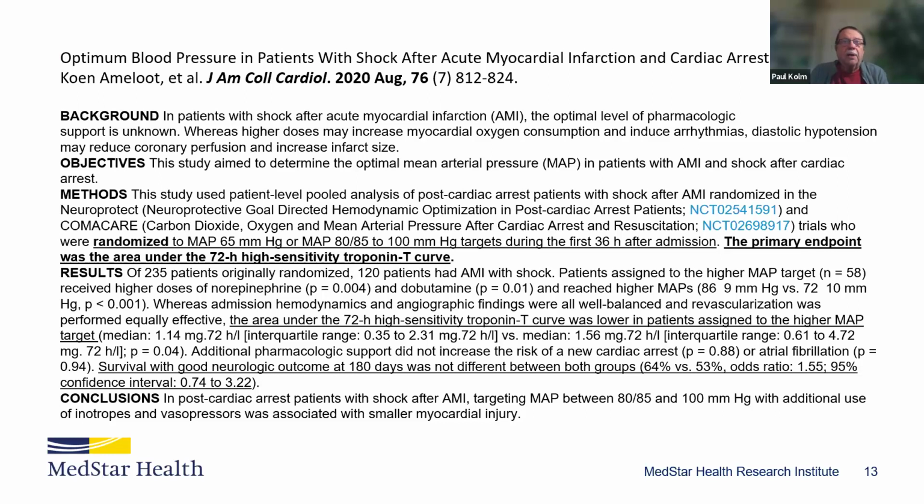We don't need to go into all the details, but basically they took patients from two different randomized studies, Neuroprotect and Coma Care, and then they randomized that pool of patients to those that had a mean arterial pressure of 65 versus those who had pressure of 80 to 100. The primary endpoint they're interested in here is the area under a troponin curve. And then they present the results.